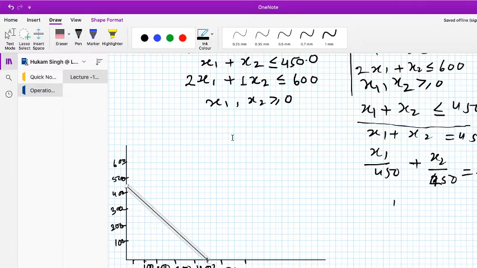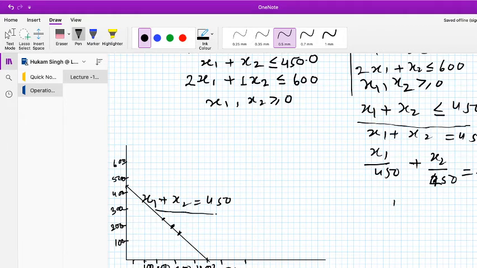What does it mean? This line represents the equation x1 plus x2 equals 450. If you pick any point on this line, that point is going to satisfy this equation.